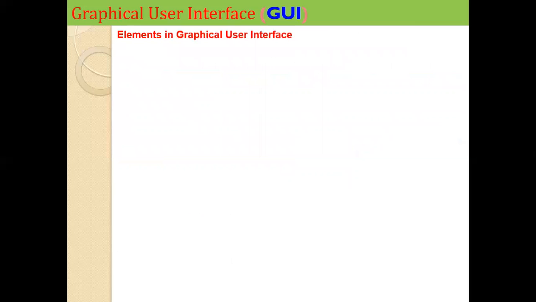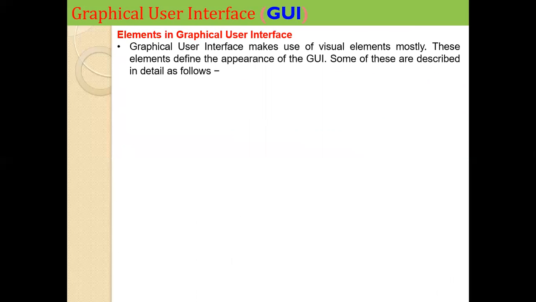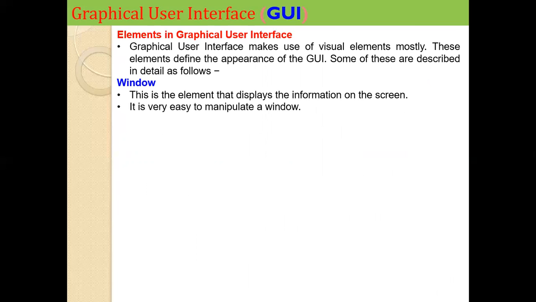If you go for any GUI, it will have some elements. The most common elements are, the first one, the window. This element displays information on the screen, and it is very easy to manipulate a window.